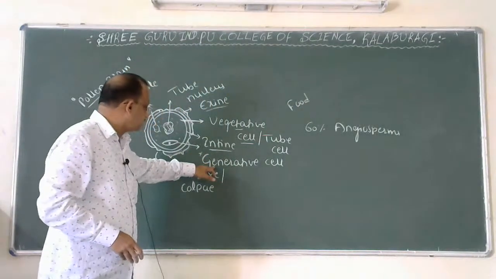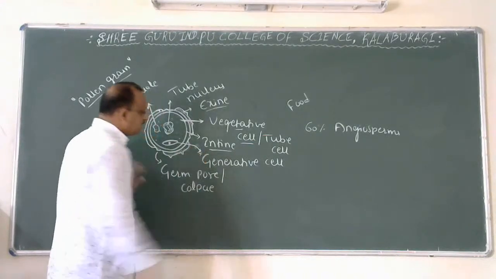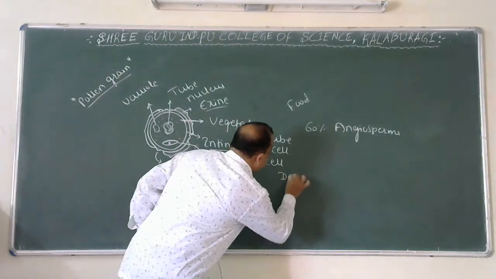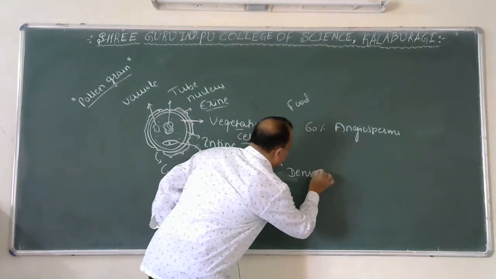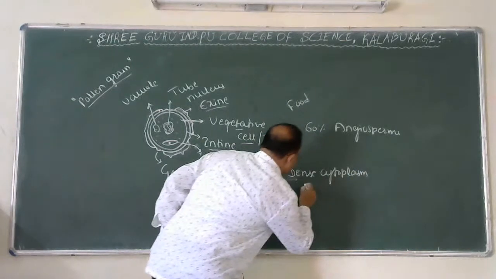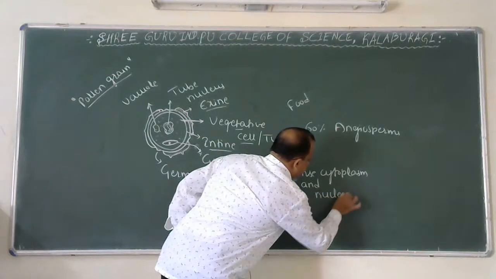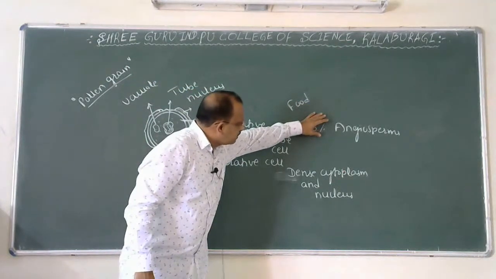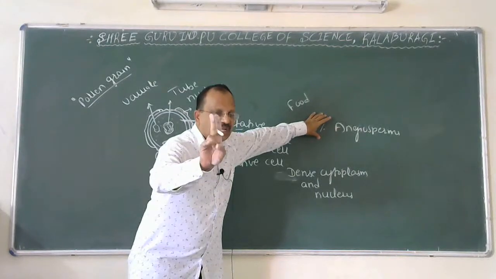So generative cells are spindle shaped with a dense cytoplasm and nucleus. I will repeat this point, so take care. In around 60% of the angiosperms, pollen grains are released to the environment at a two-celled stage.